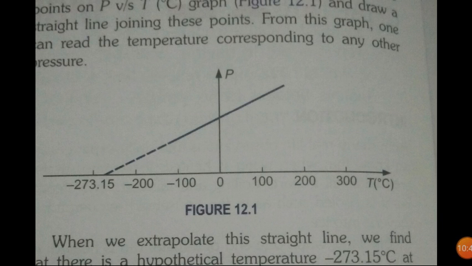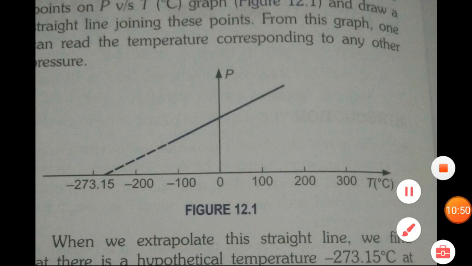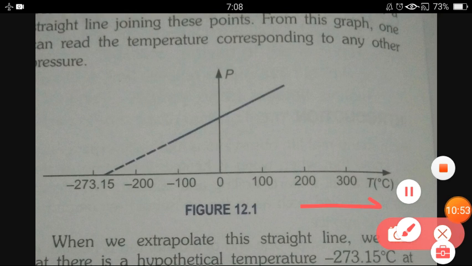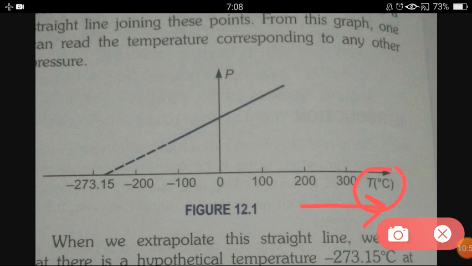Here in front of you, you can see a figure with a graph. On the x-axis we are representing the temperature T in degree Celsius: on the positive side, plus 100, plus 200, plus 300, etc., and on the negative side, minus 100, minus 200, etc. And on the y-axis we are representing pressure.